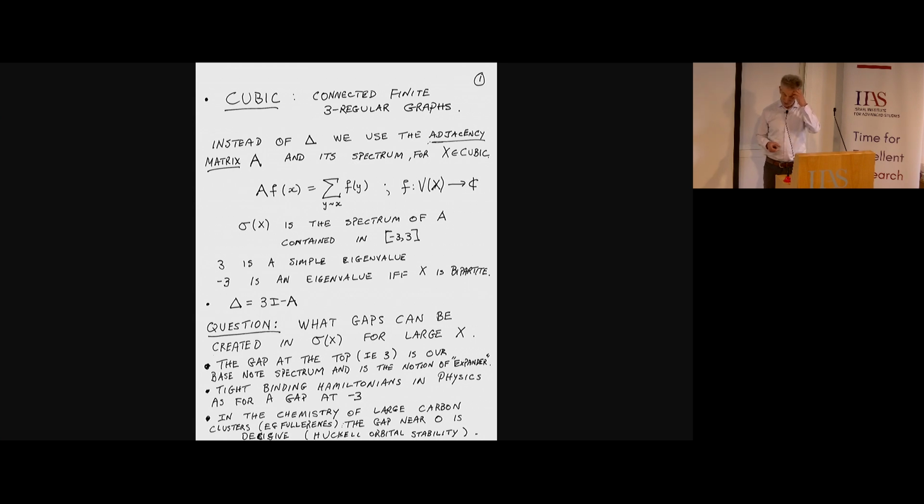Some practical problems led to this, especially this work is mainly joint with Alicia Collar, who's an applied physicist in Maryland. So let me remind you, we're going to look only at 3 regular graphs. Some of these theorems, I'm sure, are true, almost all of them, for D regular graphs, but at some point we will use 3 regular graphs.